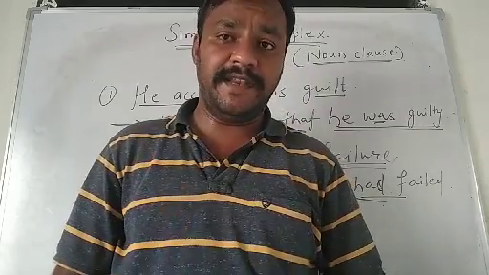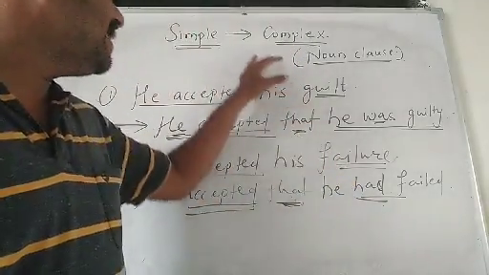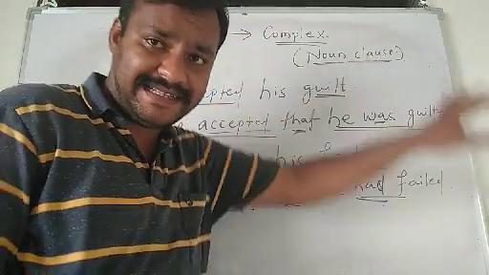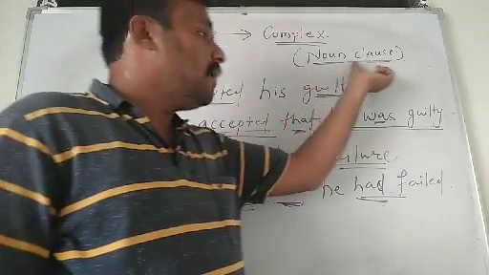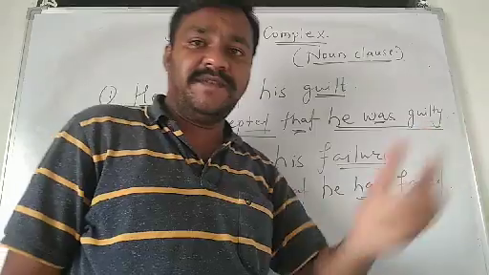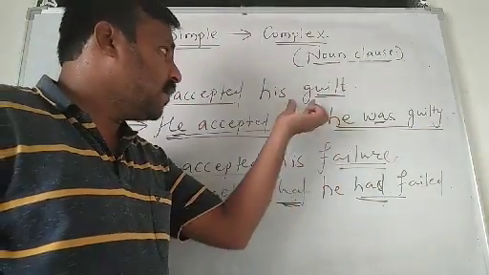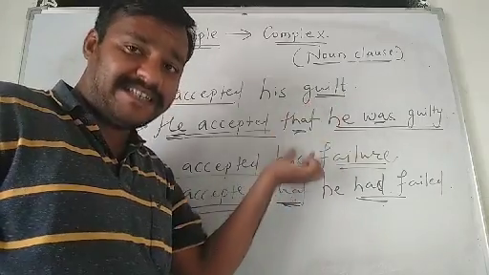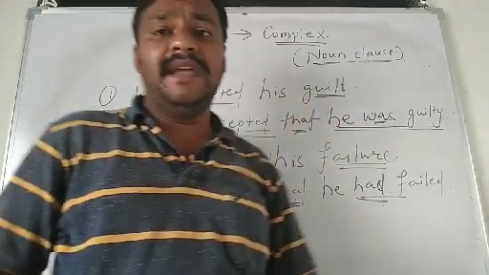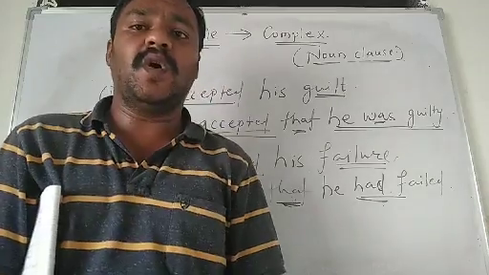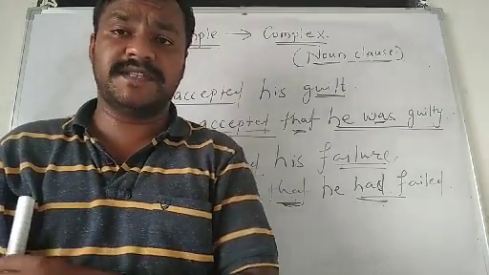This rule keep in your mind, please, while changing this simple sentence into complex sentences for converting noun clause, because in complex we have to add subordinate clause as well. So for making that noun clause, whatever nouns are used in simple sentences, we have to change them either in adjectives or else in verb forms.